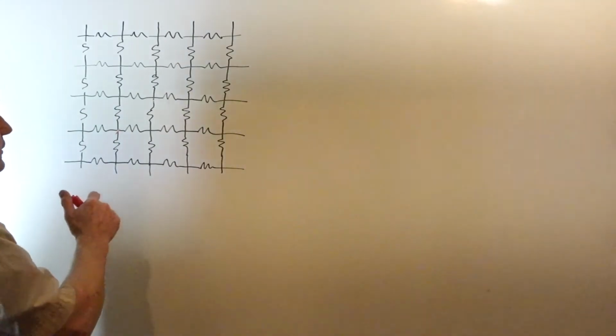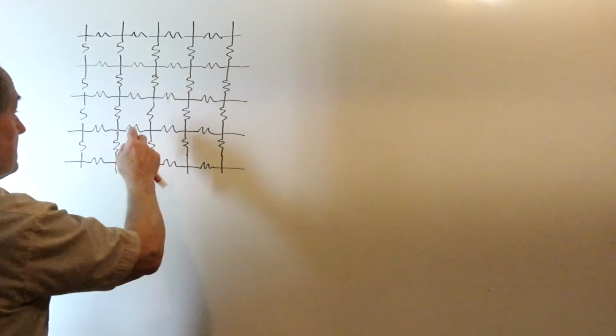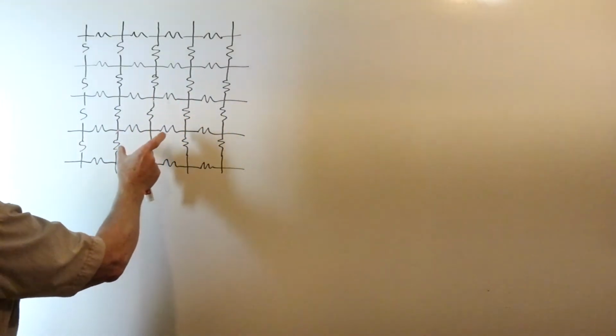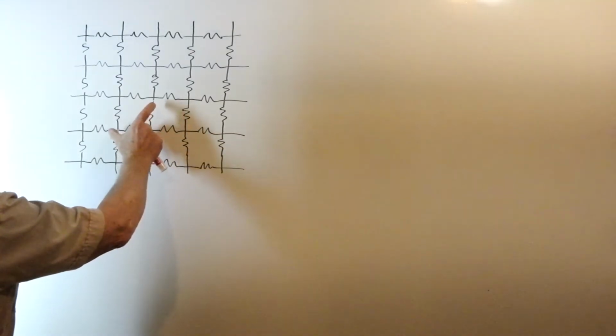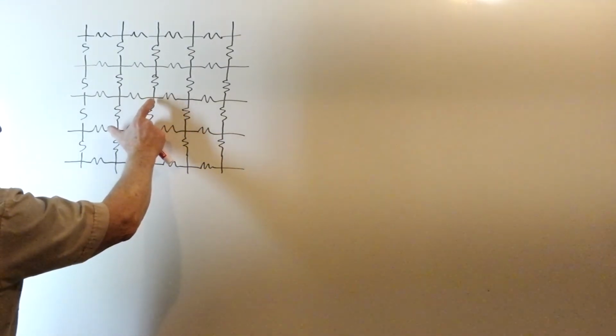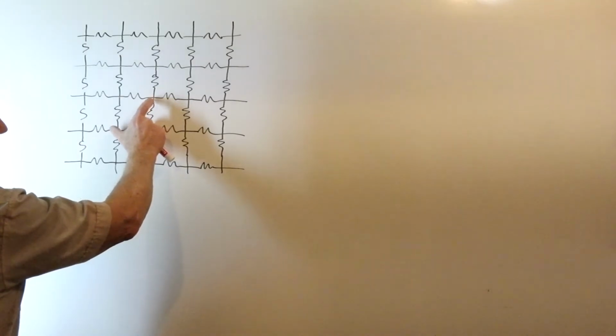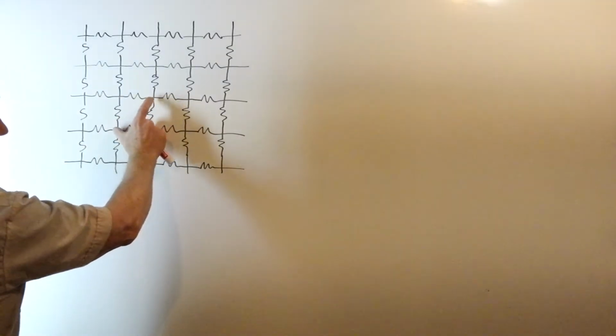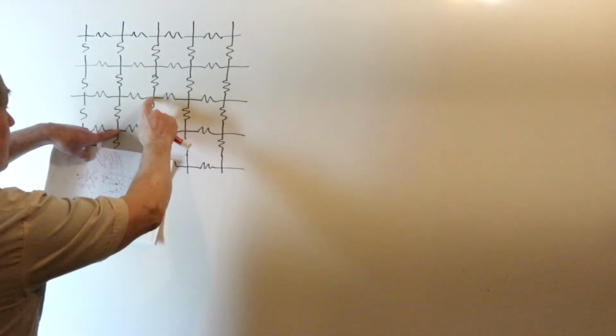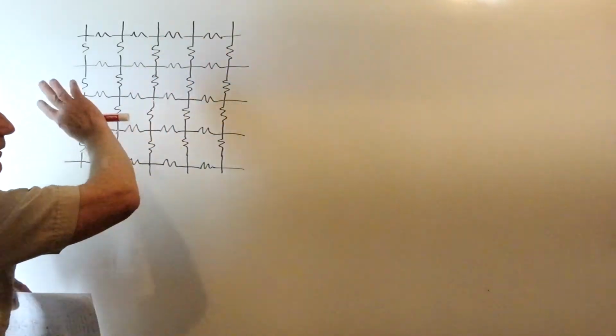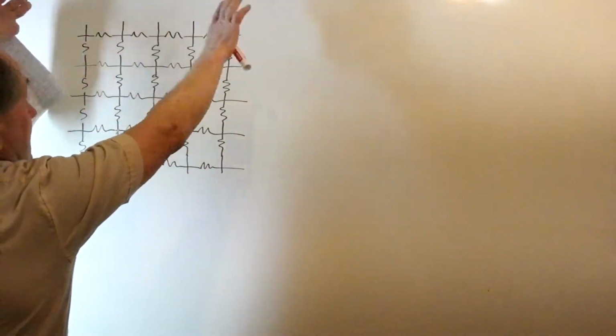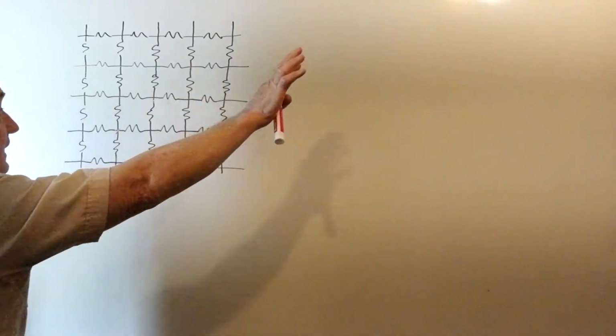And then I posed the question: what would be the equivalent resistance if one looked at opposite diagonal nodes on any particular square? Like, for example, going between here and here. What would be the equivalent resistance? Remember, this network extends out infinitely in all directions.